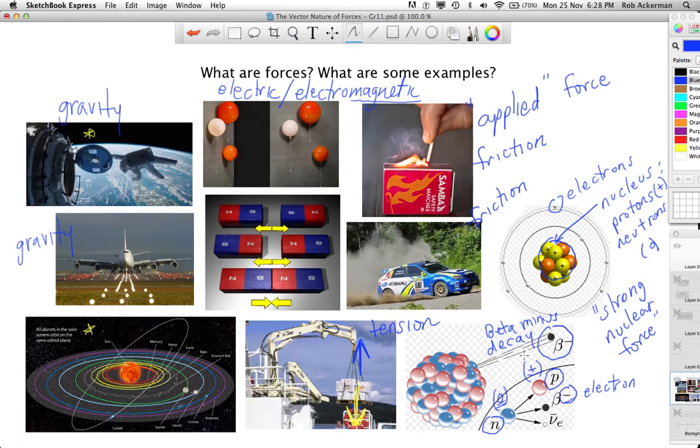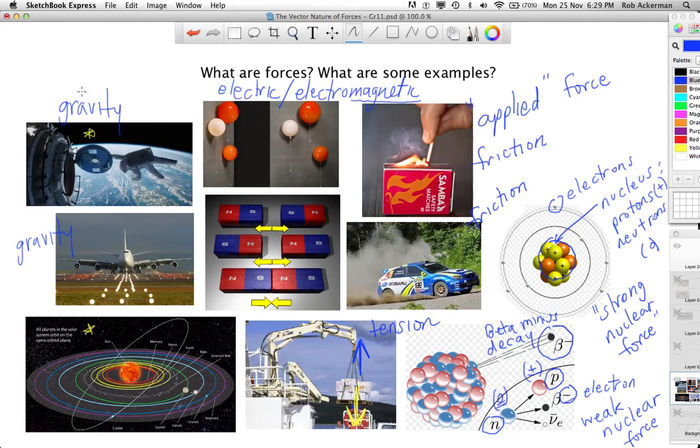Now, when they do this, there's a special force which is only in the nucleus, and this one's called the weak nuclear force. It is responsible for this kind of behavior of certain atoms, and it's certainly a very interesting process, radioactive decay. I encourage you to look into it if you want to learn something interesting about nature. But there we have it.